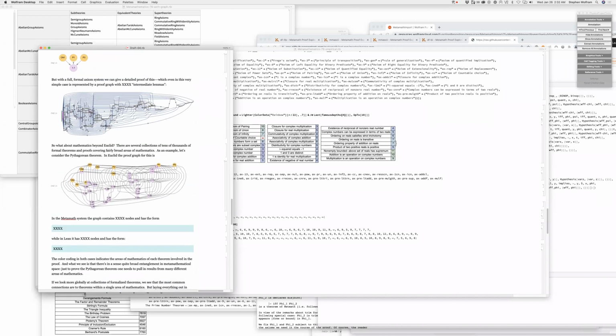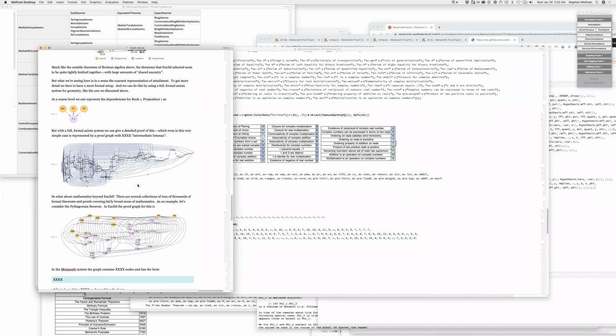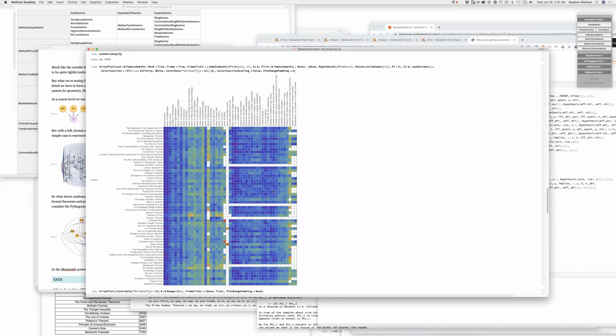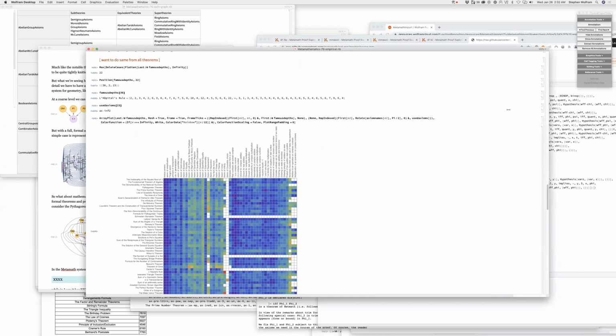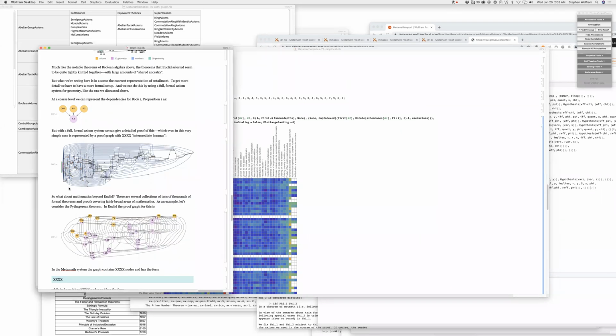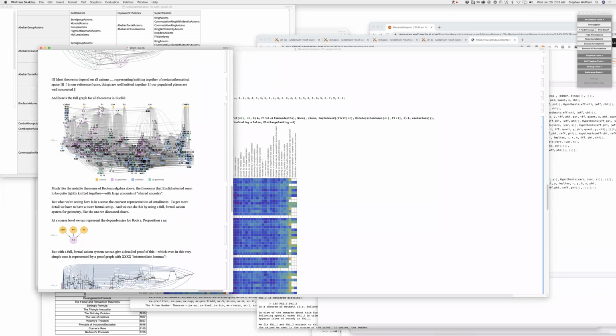But I think what we want to do is get to that picture there. We could do the same thing for Euclid, but this has a lot more axioms. That's the point.